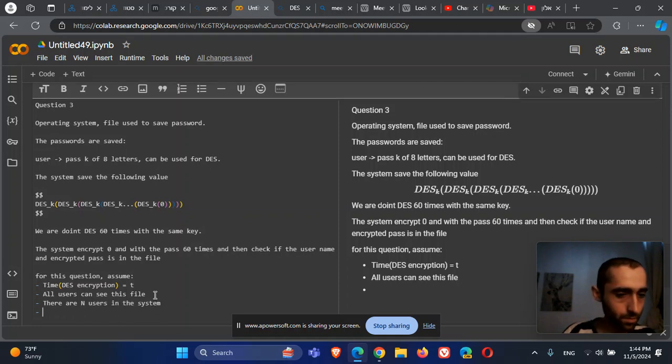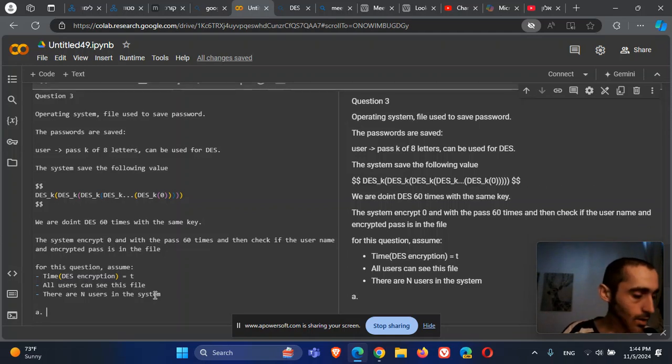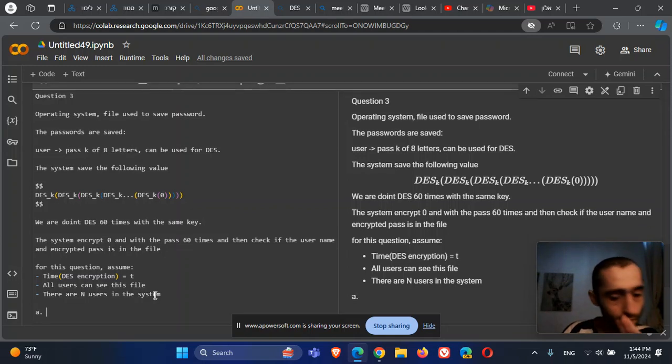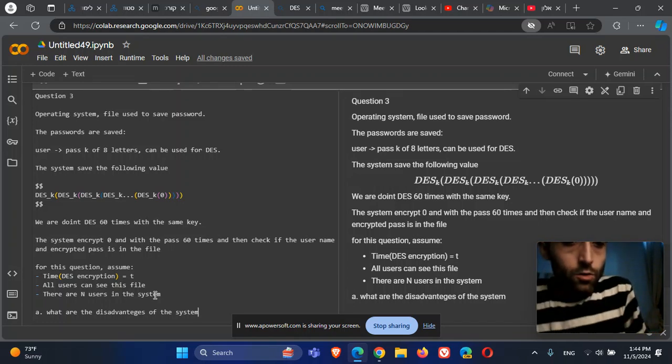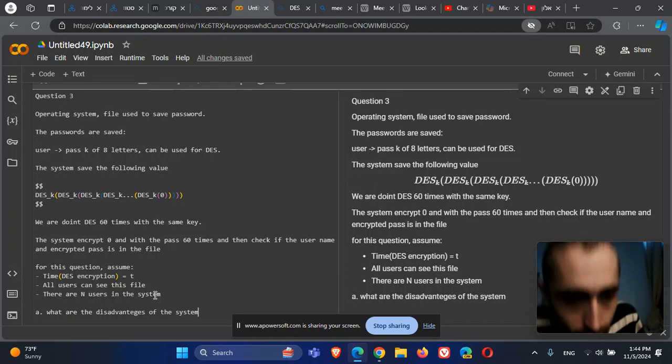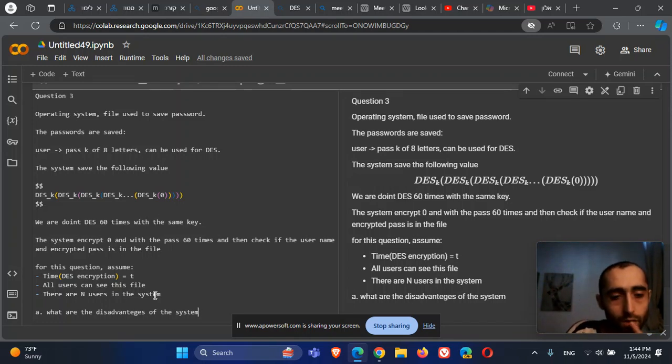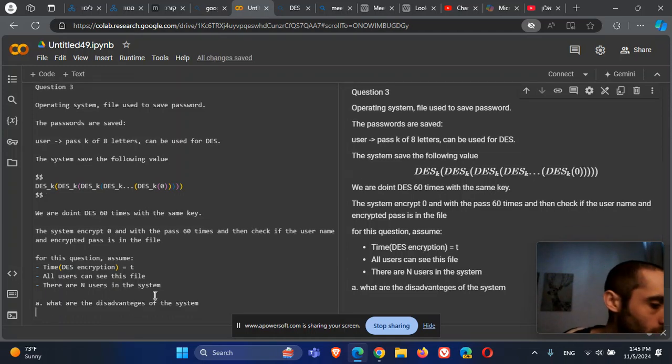Now A: we need to know the disadvantages of the system. Maybe two different keys can give the same password. Just think of it. Maybe I need to think about it.